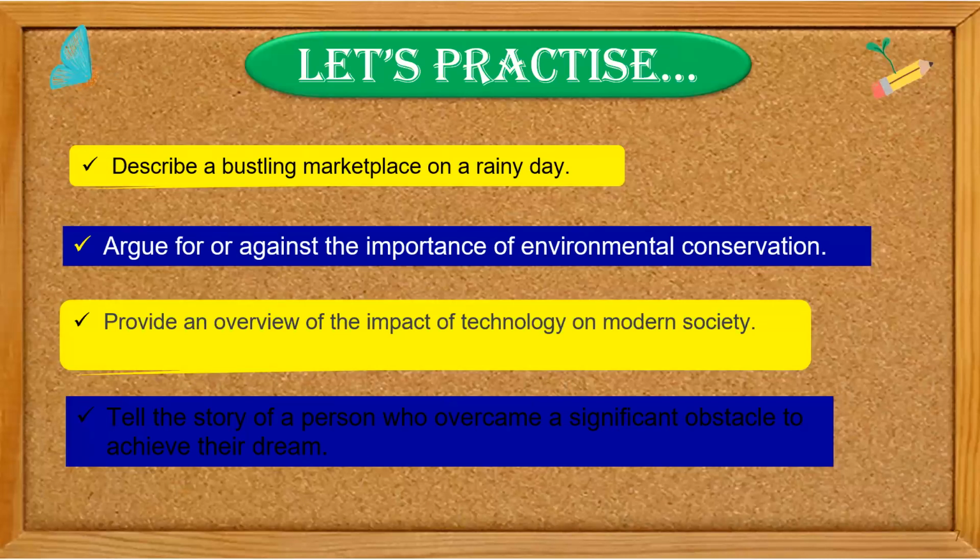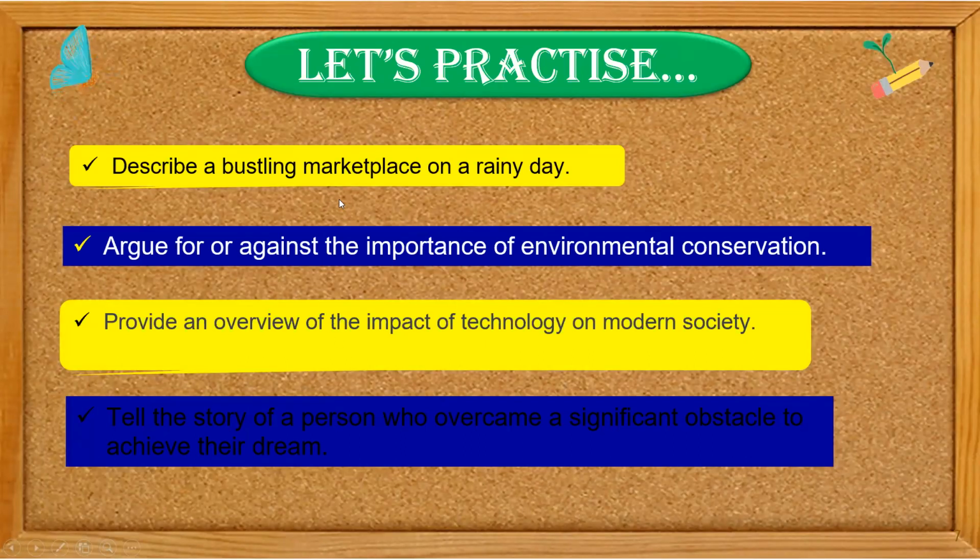Second is argue for or against the importance of environmental conservation. The third one is provide an overview of the impact of technology on modern society. And the fourth one is tell the story of a person who overcame a significant obstacle to achieve his dream. So these are the 4 topics.